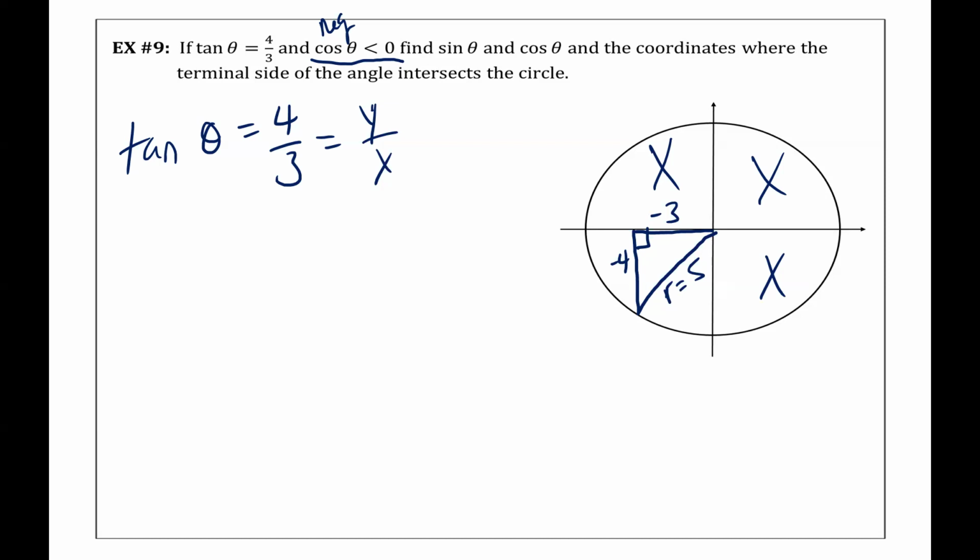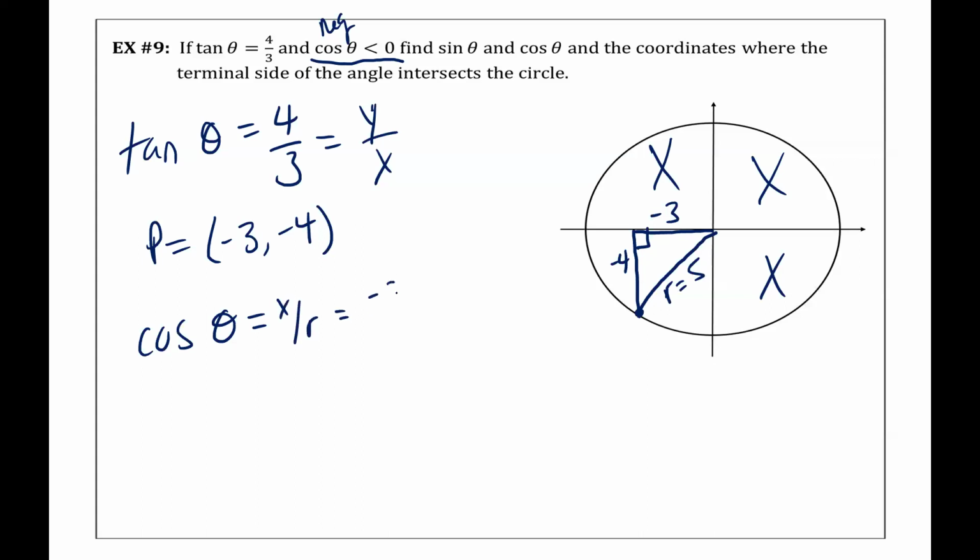So it says for us to find our sine and our cosine. Can we happily find our sine and our cosine? And we can, and our ordered pair. So P equals what? P equals -3, comma, -4. What is our cosine? Your point, the point where it lies. Cosine is -3 what? It's your x over your r.